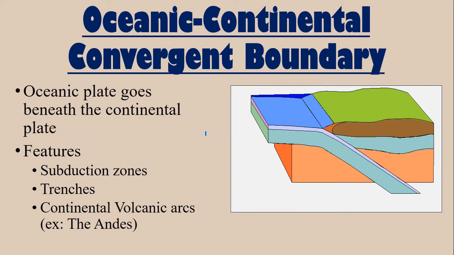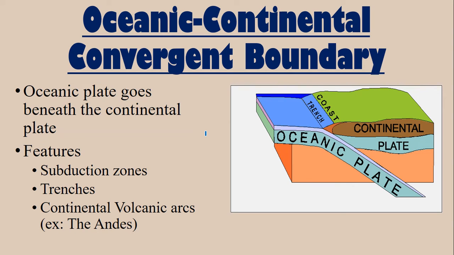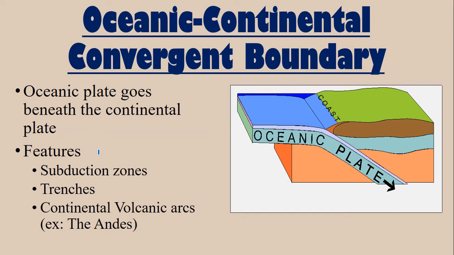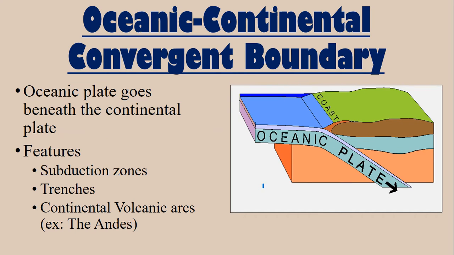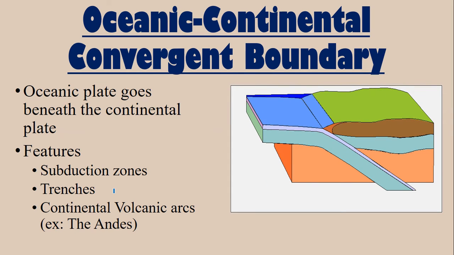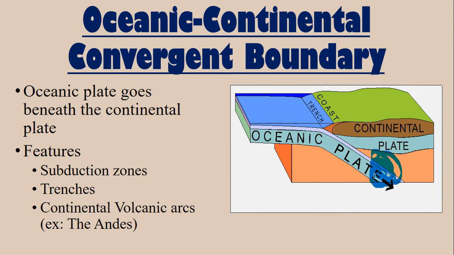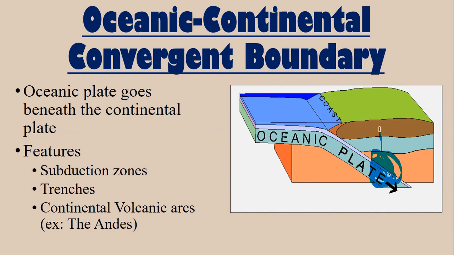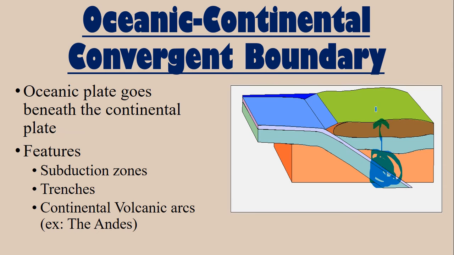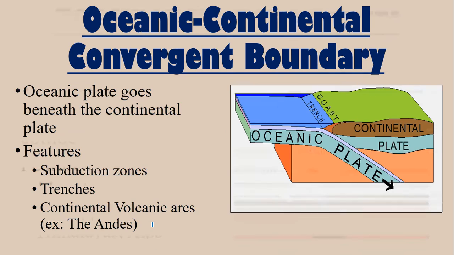The oceanic plate will go beneath the continental plate. Some features we get are subduction zones, trenches like the Mariana Trench, and continental volcanic arcs. What happens is the oceanic plate goes underneath, it melts right here, that magma rises to the surface, forms volcanic mountains in a chain, and the biggest known one is the Andes.